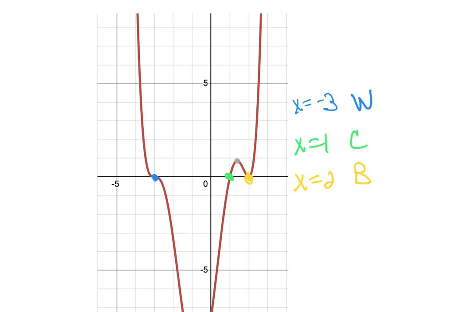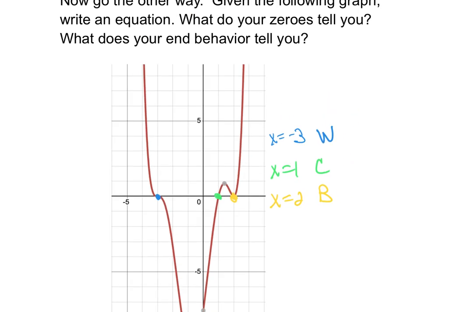Okay, so just a reminder, if it's a wiggle, that means I would have an exponent of 3, or an odd number. I always use 3 when we're writing any particular equation. So we'd have an exponent of 3 to go with that, because that would make it wiggle.